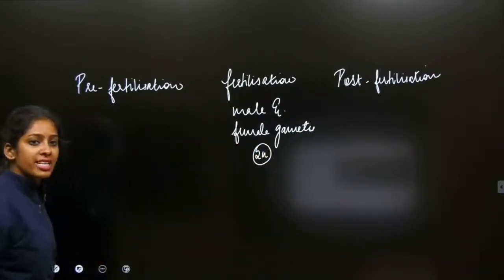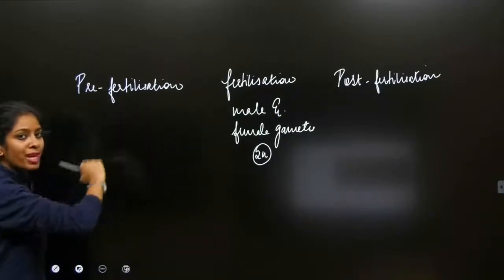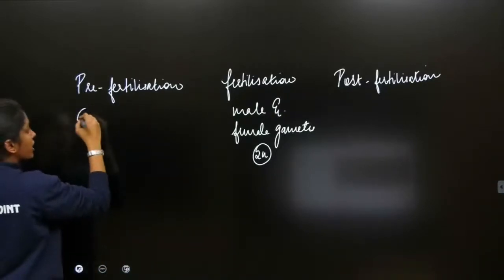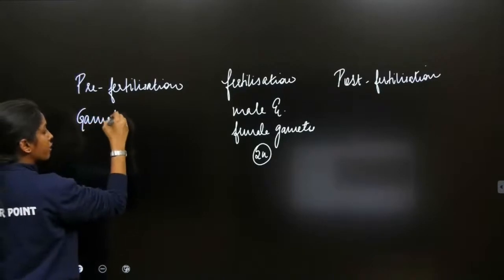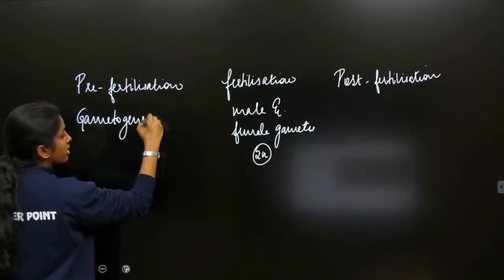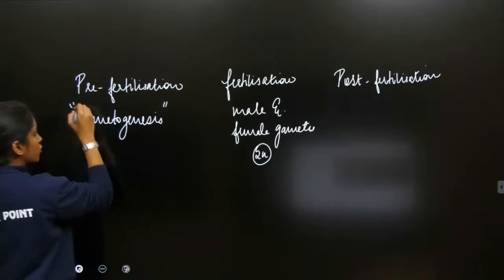So what is pre-fertilization? You have to form the male and female gametes, right? So here our male and female gametes are formed, which is generally called gametogenesis.